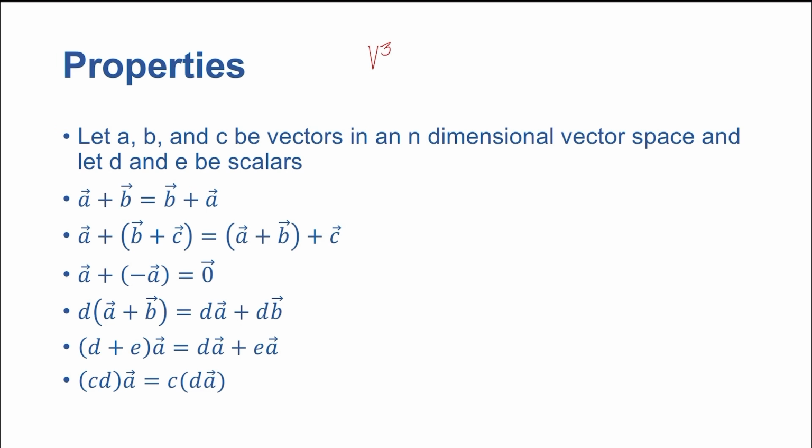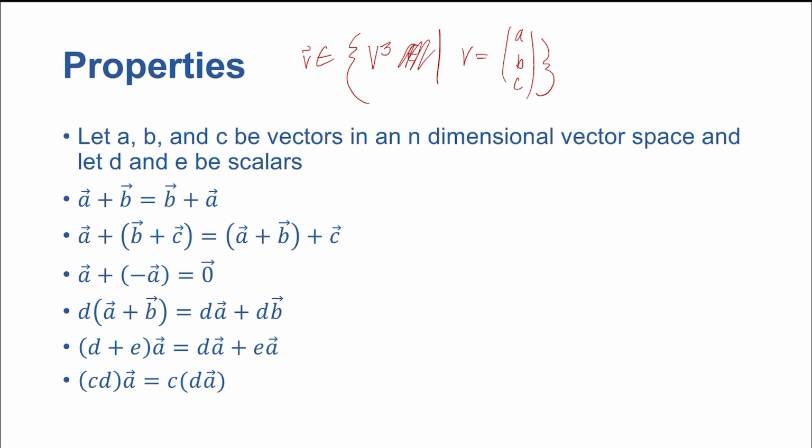So a vector V is in V3 such that V is a three-component vector with components A, B, C. Likewise, we can have two-component vectors as well. That would make up the two-dimensional vector space. So anyways, we also have D and E, which will be scalars.